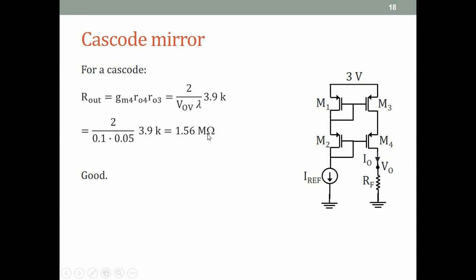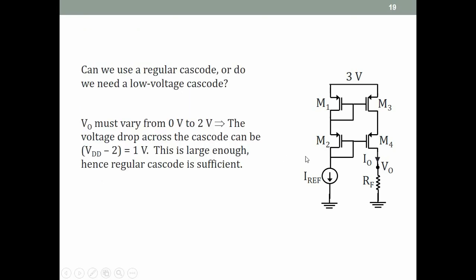Then we ask the next question, well, is a regular cascode enough, or do we need a low voltage cascode, which relates to the voltage drop across the two transistors M3, M4. So we know that VO is going to vary from 0 to 2 volts. It will not go above 2 volts for this 10-bit current steering DAC.